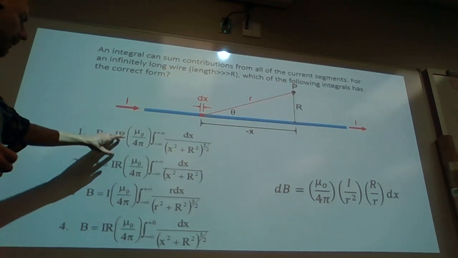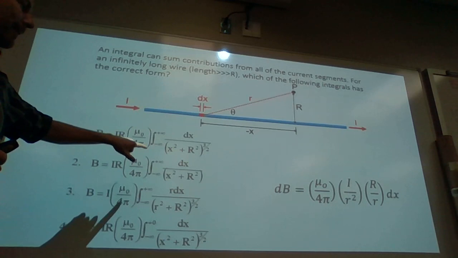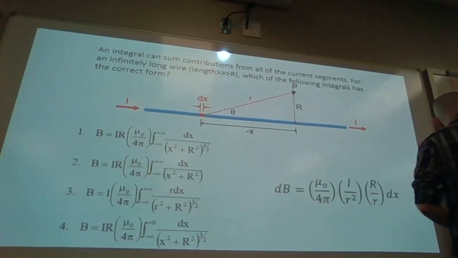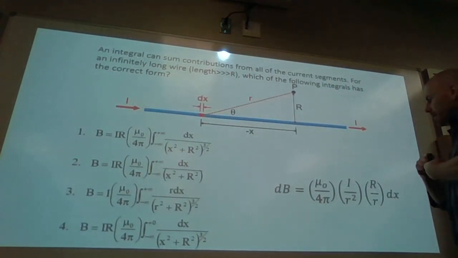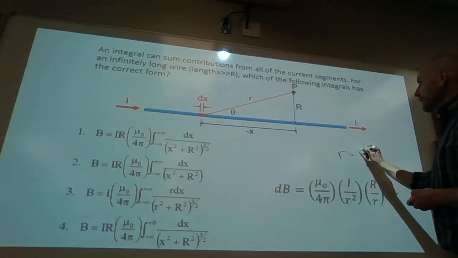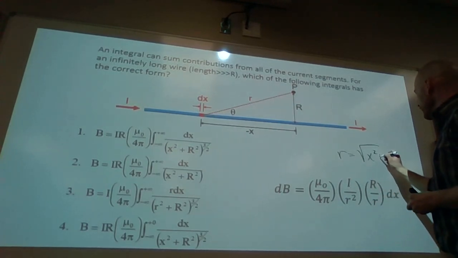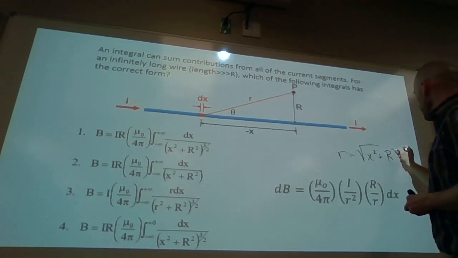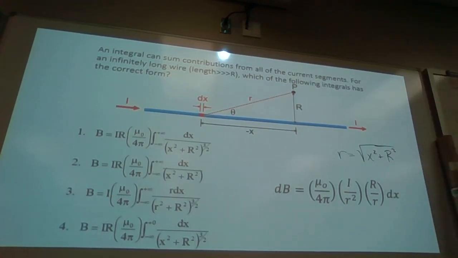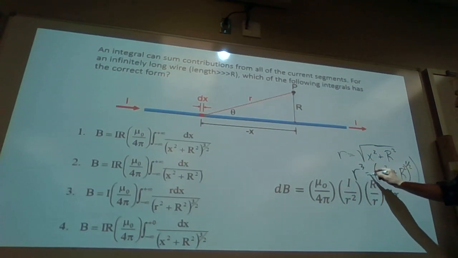Is everybody good with one? Okay, so this R is equal to the square root of x squared plus r squared. So that's just x squared plus r squared to the one half, and that's cubed, so r cubed.